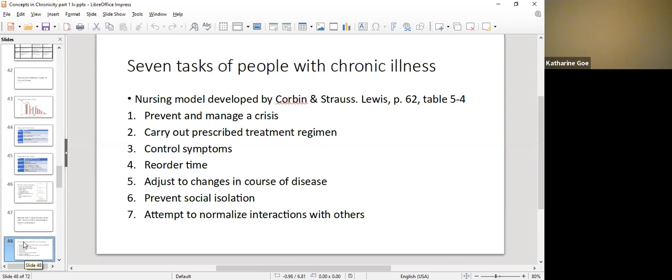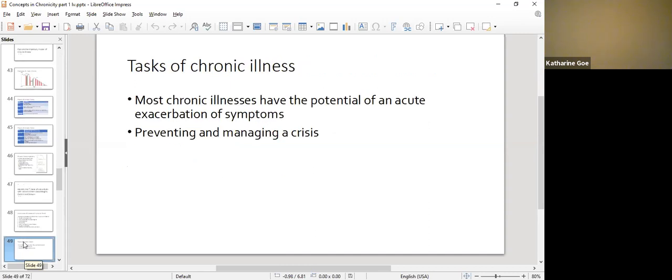And then also, a person who's chronically ill will have to make adjustments and changes throughout the course of the disease as their functional ability diminishes and their reserves diminish and the symptoms become more dominant. And another huge task for the chronically ill person is to prevent social isolation, because so much of their energy is taken up by just managing the illness, and attempt to normalize interactions with others. So that's another big task for this category of illness.